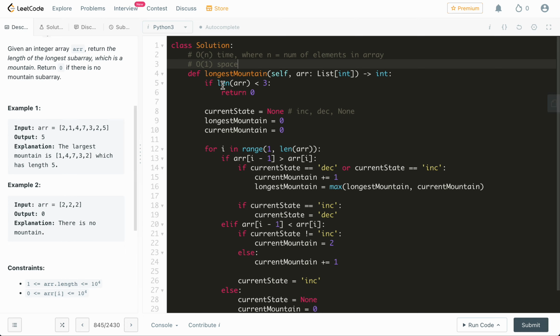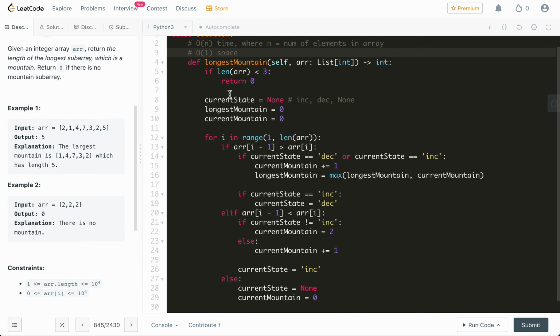Let's run through it. Let's test it really quick just in our heads to make sure that this runs. So if the length of our array is less than 3, we're going to return 0. We have current state equal to none, longest mountain equal to 0, current mountain equal to 0. We're going to say the range from 1 to the length of the array.